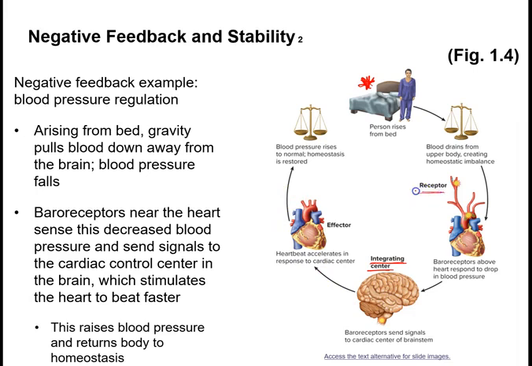So you see a couple of terms here. You are always going to see receptors when you're talking about feedback loops. The receptor is what's sensing the change. The integration center, the brain, is what's determining what to do about it. And then the effector is the organ that actually makes the change. So in this particular example, the receptors are actually found near the effector. That's not always true.